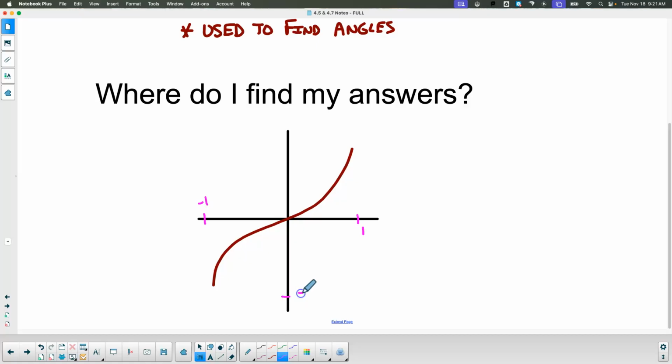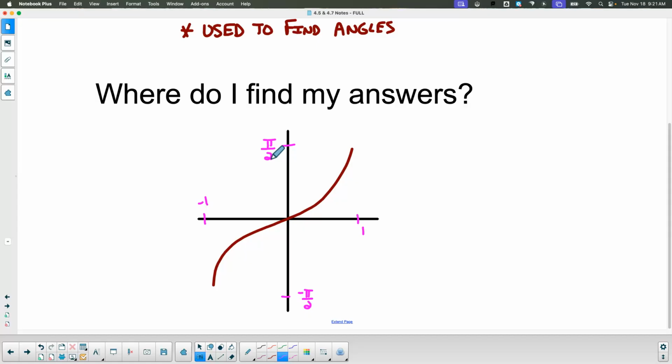But then it would go from -π/2 all the way up to π/2, just where it is on the part. Okay?